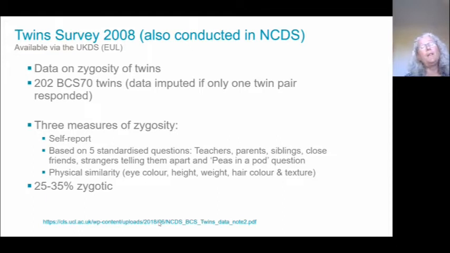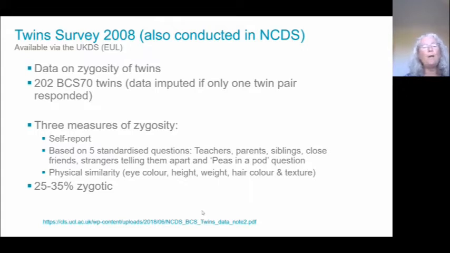As already highlighted, there was a twin survey in 2008, which was also conducted in the National Child Development Study, and here 3 measures were developed to look at identical twins, although it was identified at birth, quite often this can be underestimated.